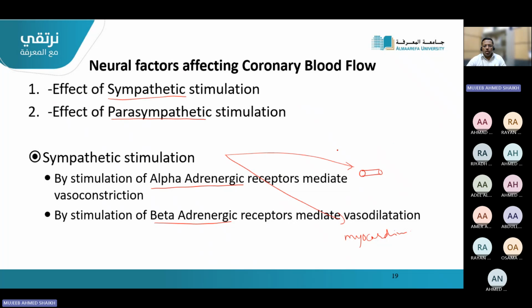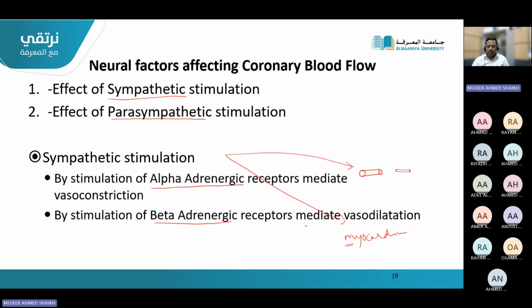We are talking now about the blood flow through the coronaries. So what is the direct effect of sympathetic stimulation on the coronary or any blood vessel? Can anyone tell me? Sympathetic constricts. Yes, it will become constricted. Very good. And you know that sympathetic stimulation to the myocardium has two effects.